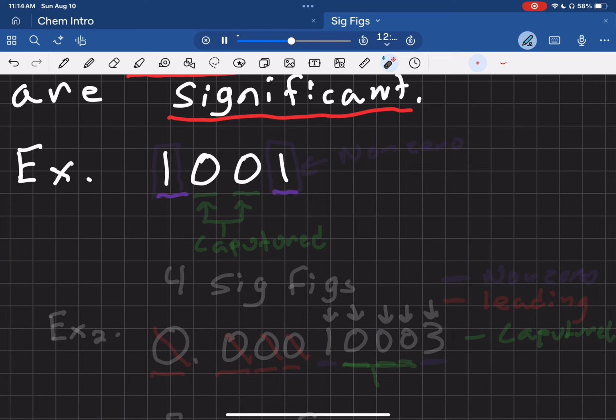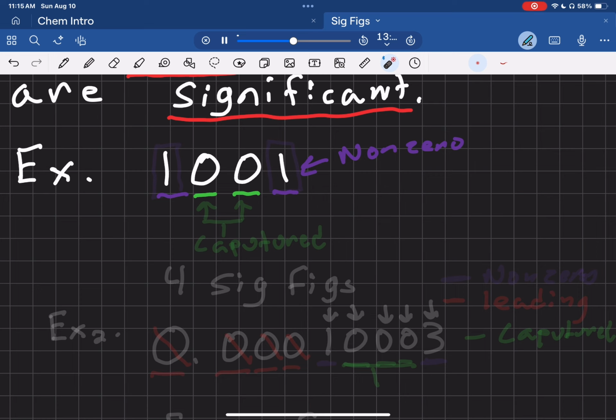I'm going to write that down, non-zero integers. But then we take a look at the rest of the numbers. All right, we take a look specifically at these zeros right here. This one right here, and this one right here. And we say to ourselves, okay, well, what kind of zeros are those? Well, just like the name implies, those are zeros that are caught in between 2 significant numbers.